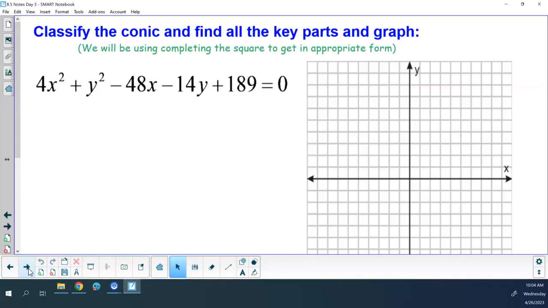Who said ellipse? Why do you think it's an ellipse? So there's two squared terms, and the coefficients on those squared terms are different. That's two of the three things that would make it an ellipse. There's one other key part that differentiates it from an ellipse, a circle, and a hyperbola.